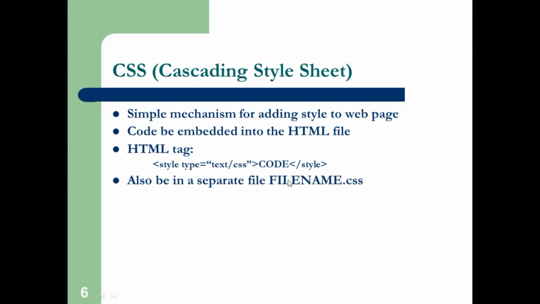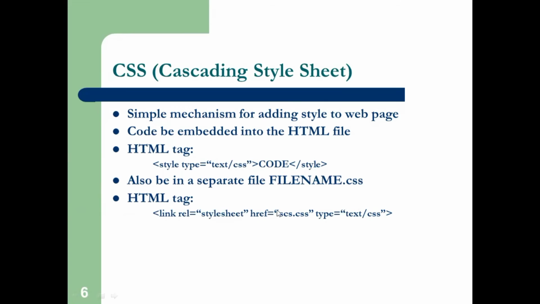Or we can save that code in a separate file with an extension, like we have saved HTML code with the extension .html, and we save the CSS file as .css. Then we link that file using the link tag and give a reference to that file. For example, we save our styling code with the name of scs.css.